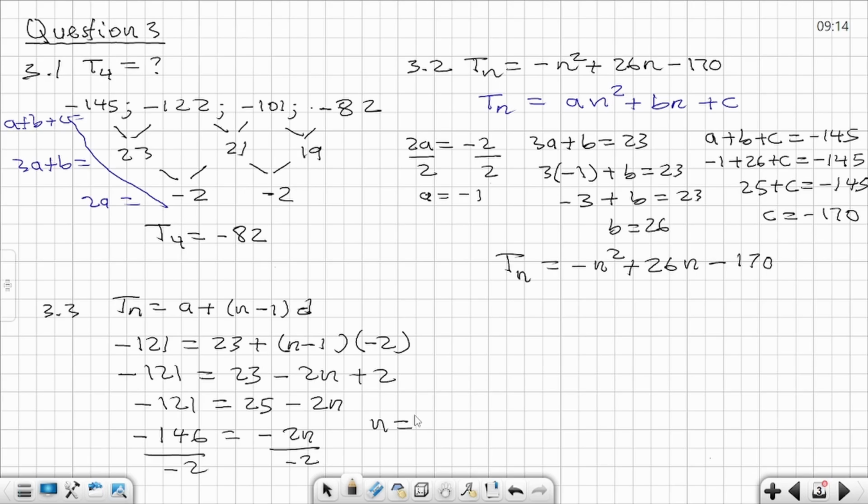When you take -146 and divide by -2, you're going to have 73. So -121 is T73 in this first difference, and it's between which two terms of the quadratic number pattern? So between T73 and T74.